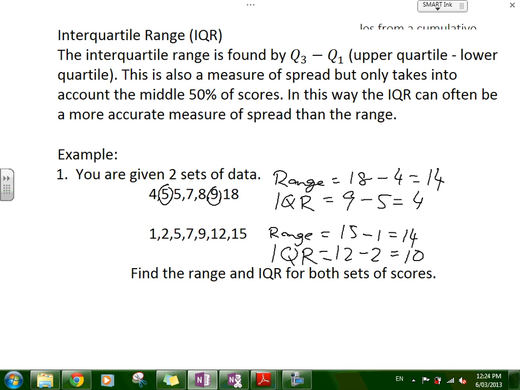So the range is 14, but actually the majority of scores are in the lower half of them. Whereas this one, which is a better indicator, range or interquartile range? Range. It's a bit hard to say exactly, it's such a small data set, but the range is much more representative because they're all spread out across the whole range.